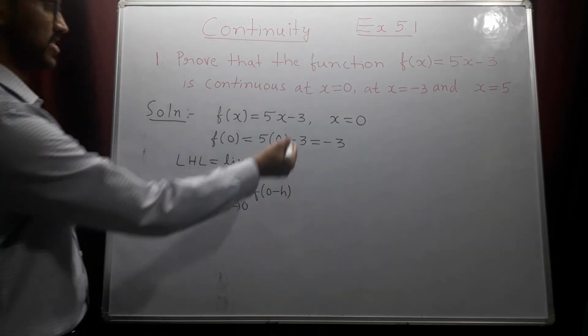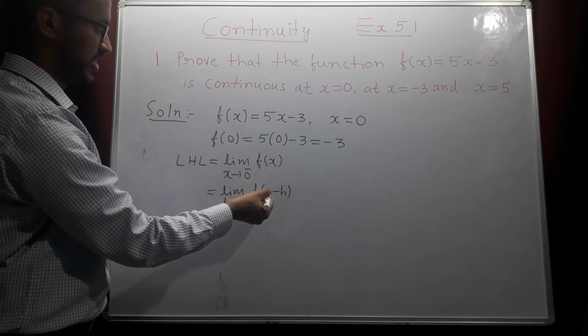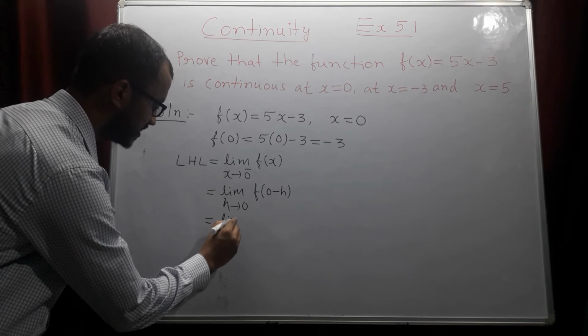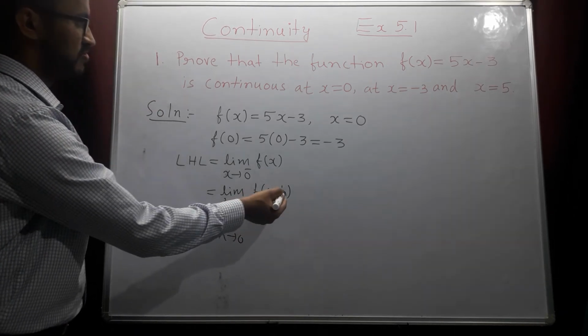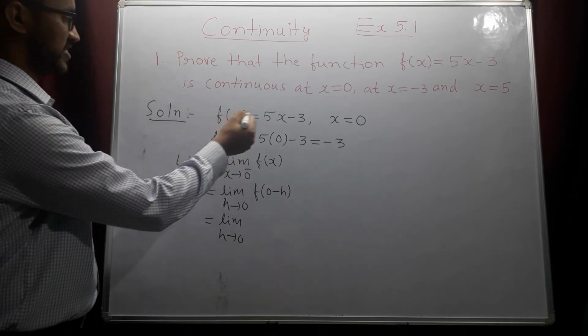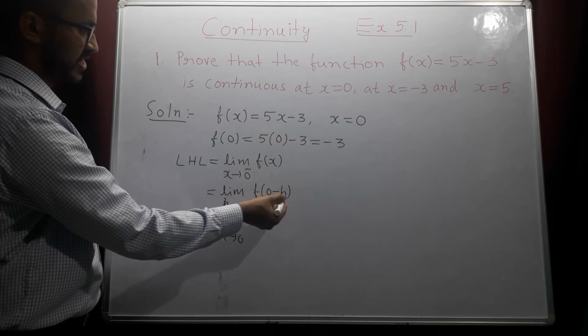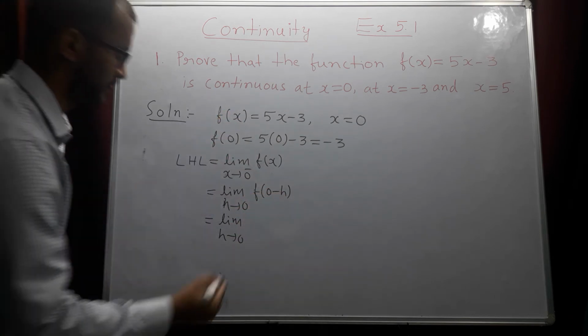The point is 0 here, so instead of c in the definition, we are taking 0. f of x equals 5x minus 3, so f of 0 minus h means we have to replace x by minus h.